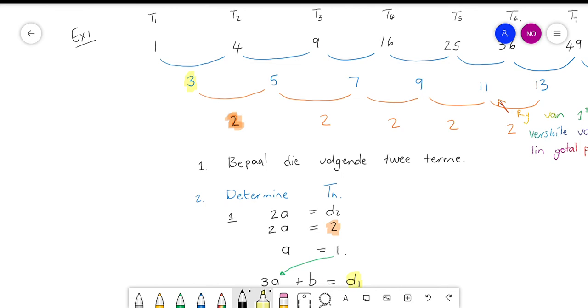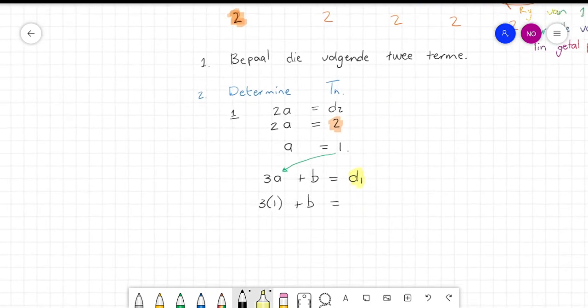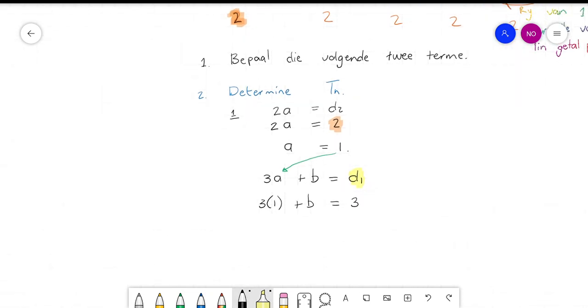So jy kyk na die ry van eerste verskille en die een wat eerste daar staan, skryf jy nou neer. Moenie so vra ons nie, ons gaan nog baie doen. So what's the value of b? 0.